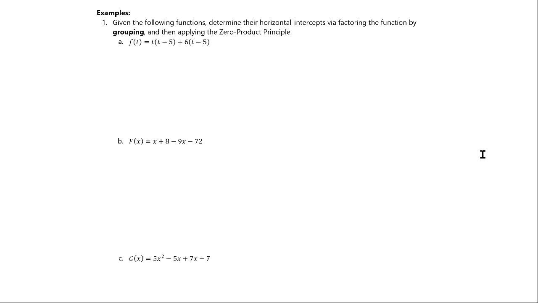In part A, we already have naturally two expressions connected by this addition over here, and what I mean is the first part and the second part, they're both in the factored form, and we also have this connection of a plus sign in the middle.